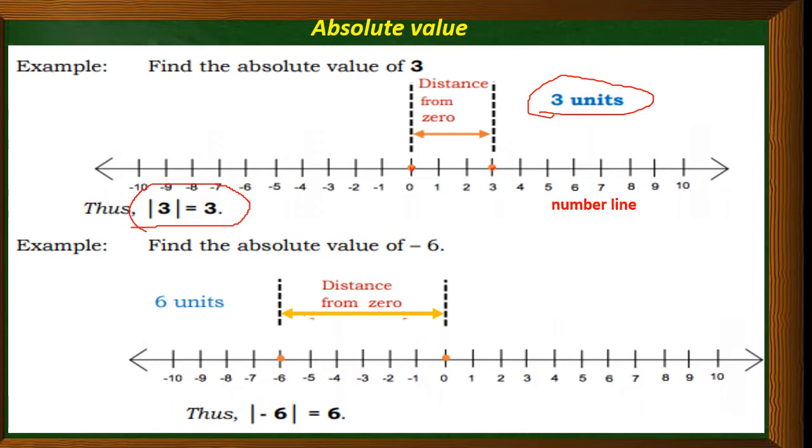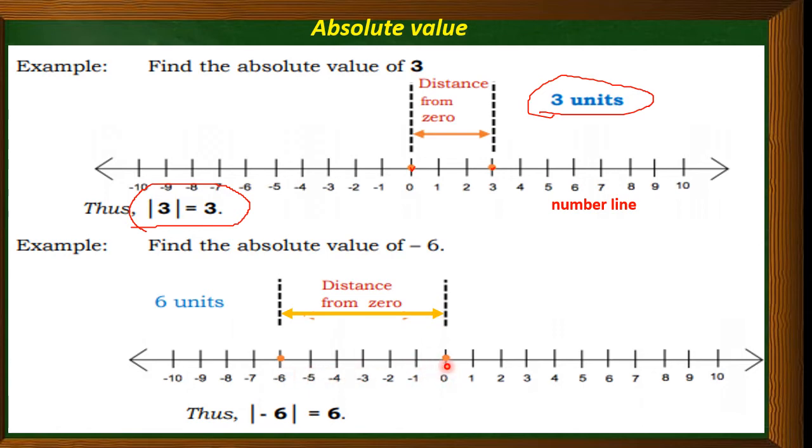Okay, another example. Find the absolute value of negative 6. It means we have to determine the distance from 0 to negative 6. Since this is negative 6, we have to move from 0 to the left.